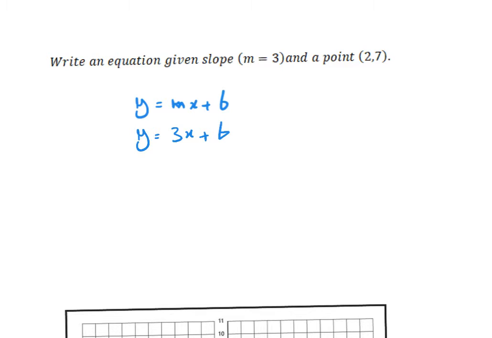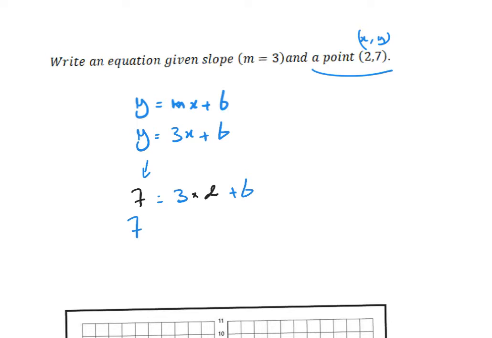Well, we can use the point that we have here. It's given to us, which is x and y. So we're going to substitute y by 7 here, and we're going to substitute x by 2, in order to find b.